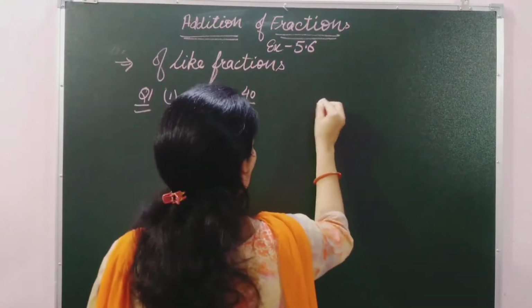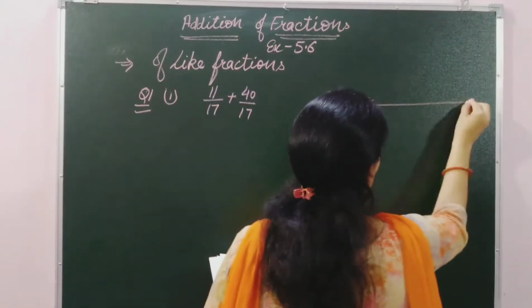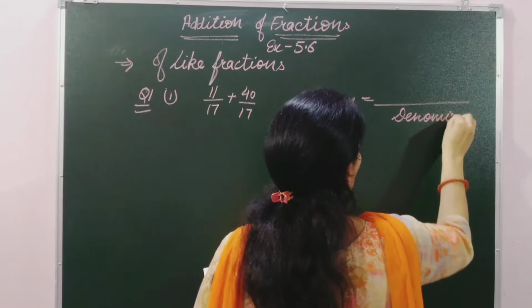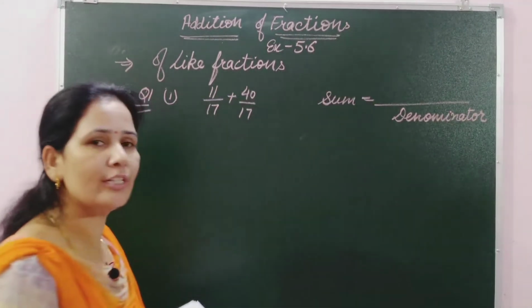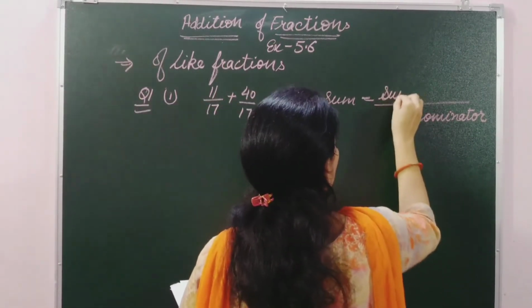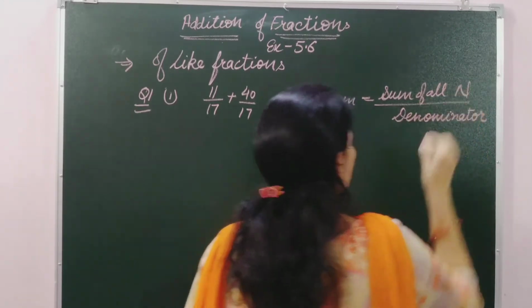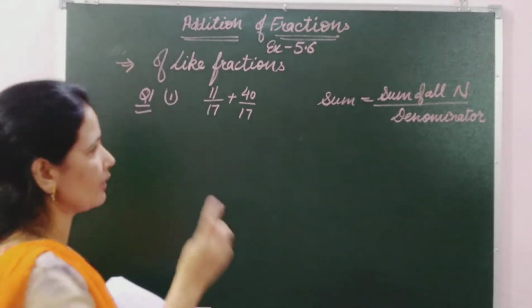To find the sum of the fractions, we have to follow one formula. First we write below the common denominator. Whatever the denominator is common between the two fractions, that denominator we write, and then after we write the sum of all numerators. So the same method we follow here.